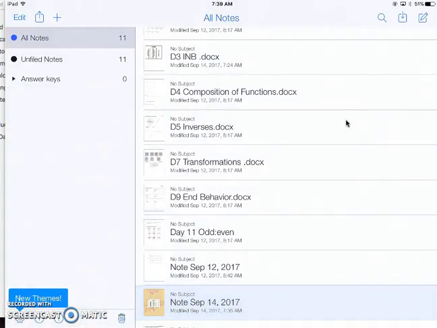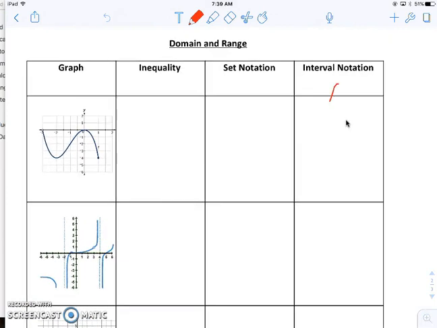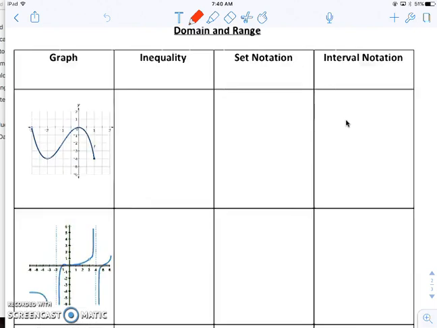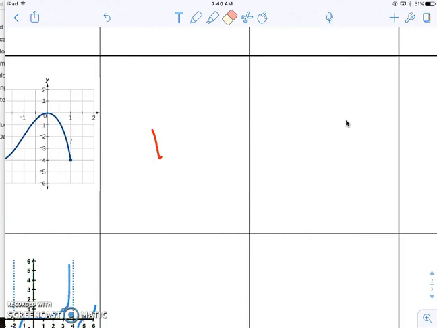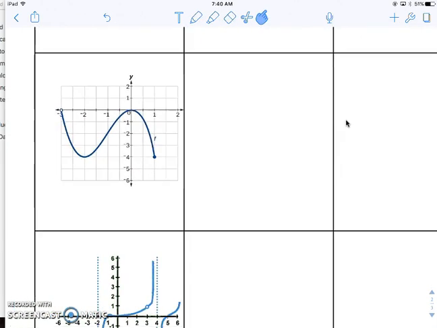So the next thing you're going to do is turn your notebook, and you are going to paste, can't see the whole thing, but you should have this chart right here. We're going to talk a little bit about domain and range here. And you guys are set with the inequality way. So if I was to ask you on this first image, what is the domain and range, you would look at this, and again, domain, reading left to right like a book.